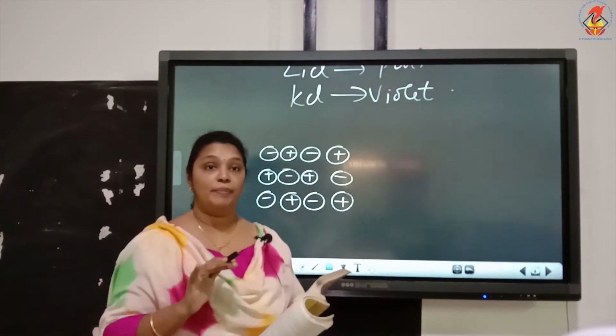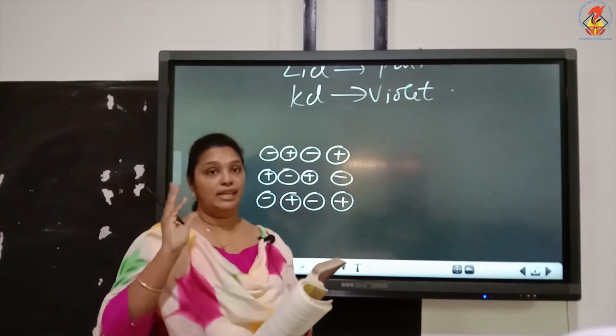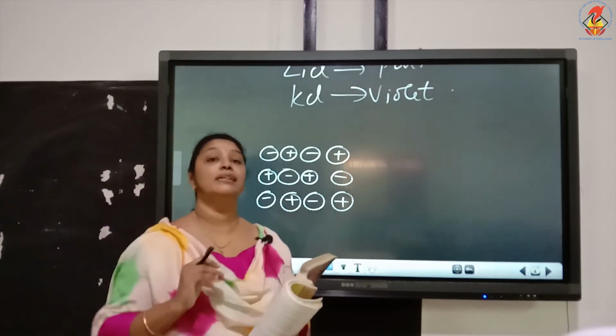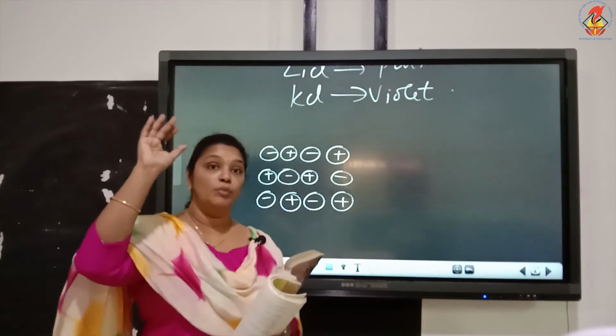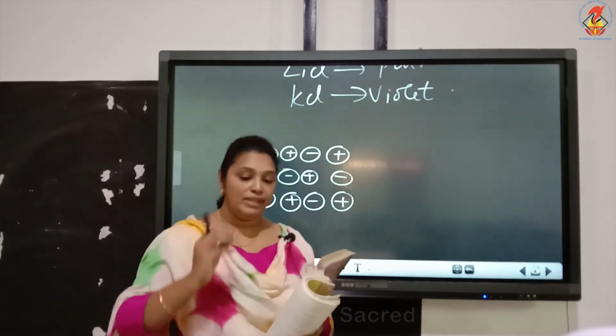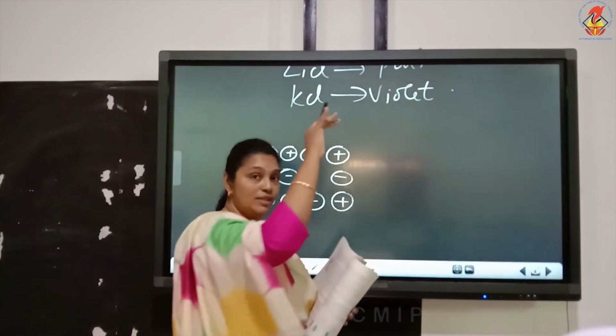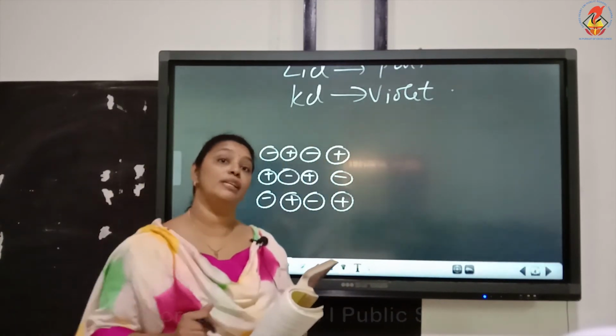Now, what will happen from the sodium chloride crystal? The chloride ion Cl- will come to the surface because there is a larger number of sodium atoms on the surface. Now, when this chloride ion Cl- comes from the crystal to the surface, what will the sodium atom on the surface do?